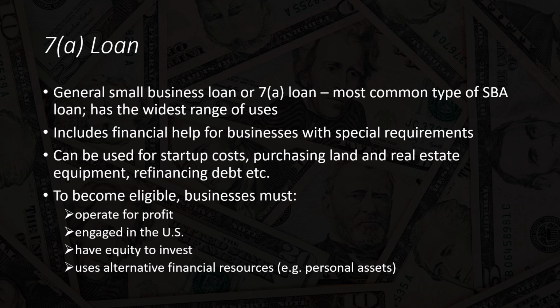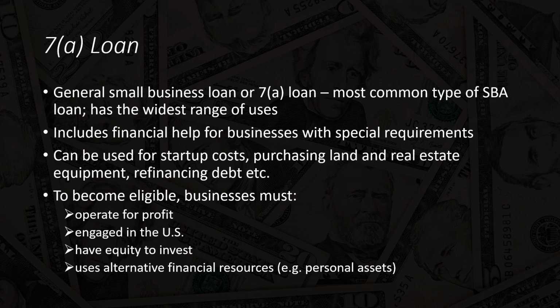7A loan. A general small business loan, commonly known as a 7A loan, is the most common type of SBA loan and has the widest range of uses. It includes financial help for businesses with special requirements. 7A loans can be used for startup costs, purchasing land and real estate, equipment, refinancing debt, and more.